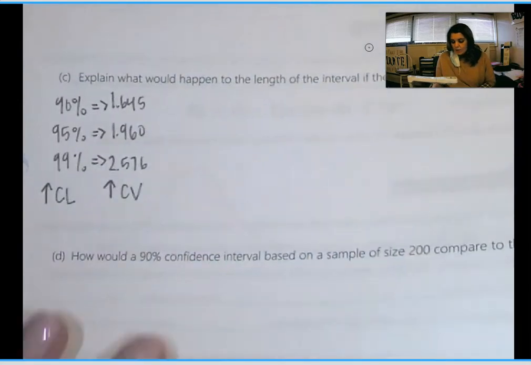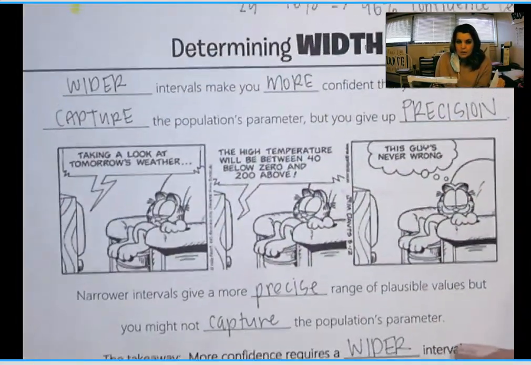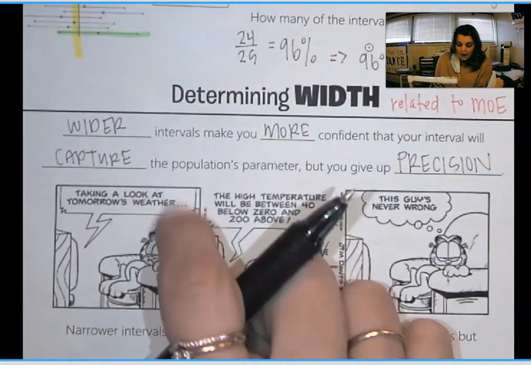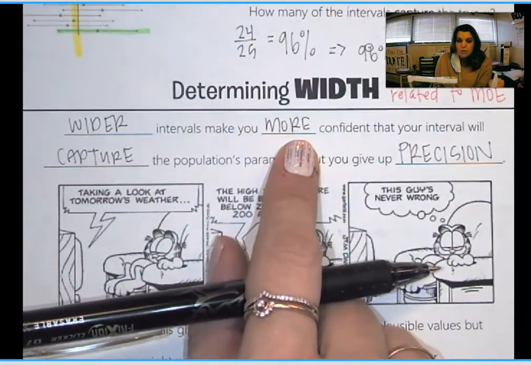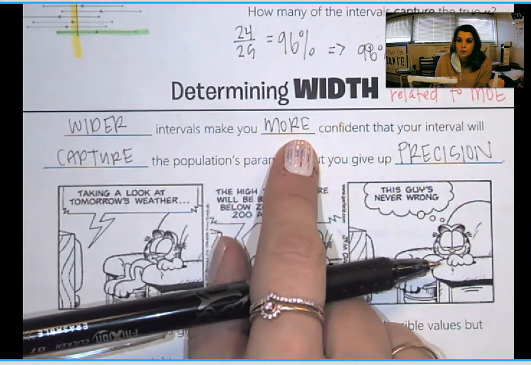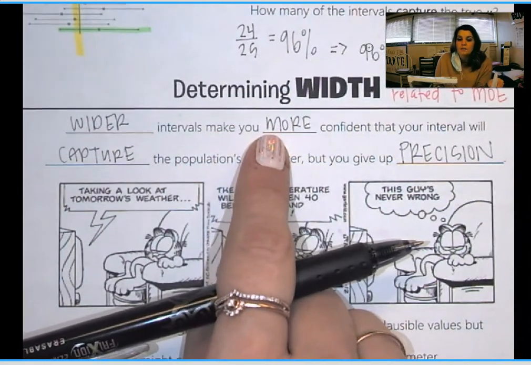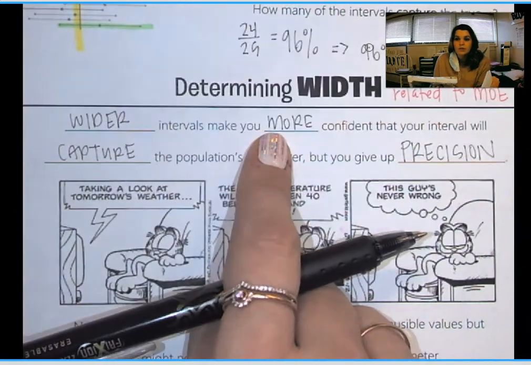That is how we come up with what we're talking about here. The wider your intervals are, the more confident you are your interval will capture the true mean. So wider intervals make you more confident. Why are those intervals wider?